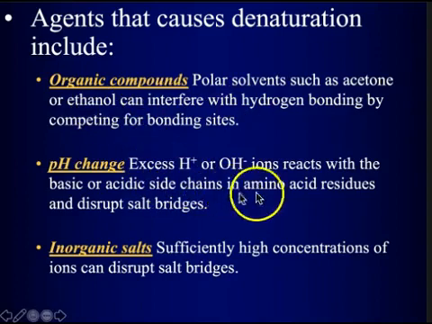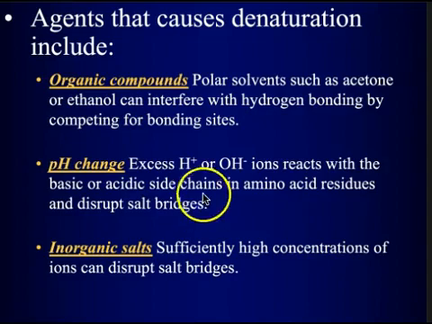So the side chains in our amino acid residues are disrupted because they now have too few or too many hydrogens. And also those salt bridges. If it went from having a charge to no charge, well, that no longer has the bond there, so it disrupts those interactions.